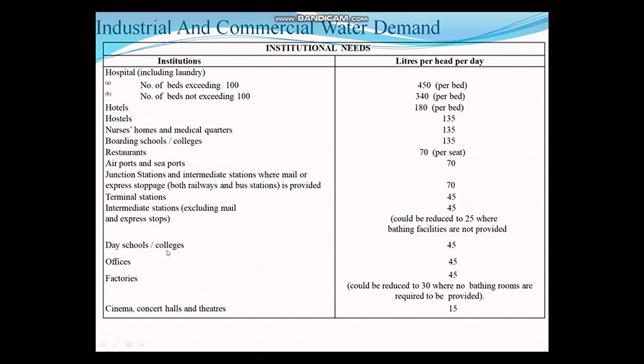For the day schools or colleges, the required water supply or water demand is 45 LPCD. For offices, the required water supply is 45 LPCD. And for the factories, the required water supply is 45 LPCD. If no bathroom is provided, then this particular 45 LPCD amount can be reduced to 30 LPCD for the case of factories.